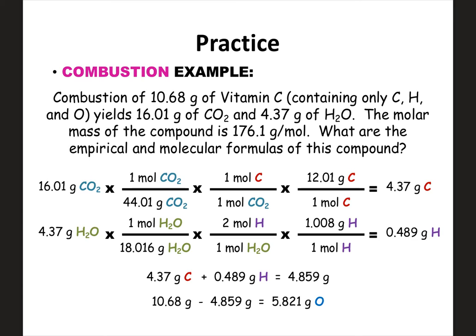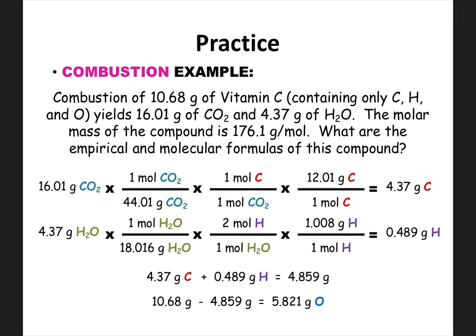So now you have the grams of carbon, the grams of hydrogen here. All right. You need the grams of each of the elements. So you got 2 of them. You still need the grams of the oxygen. Remember, you can't figure out the oxygen the same way we just did with the carbon and the hydrogen because the oxygen could have come from the air. So what you do here is you use the original amount that you started with to be able to figure this out. So if you total up, okay, the amounts of your carbon and hydrogen, this is the amount of the original compound that's carbon and hydrogen.